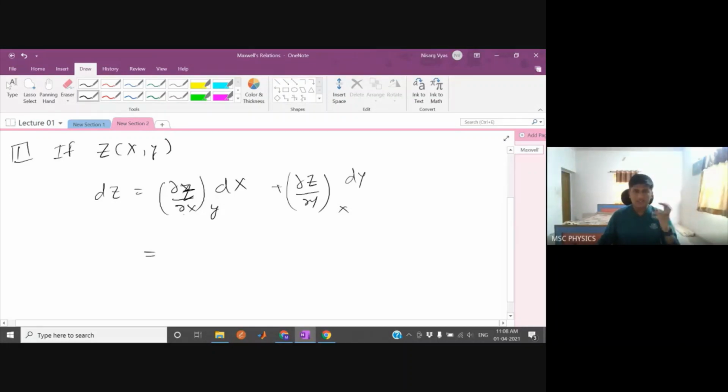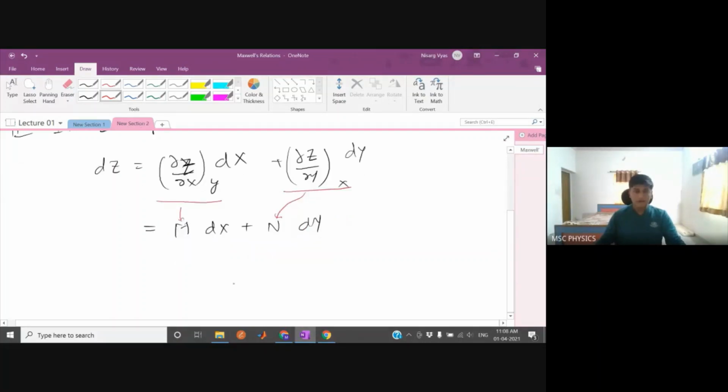But now let us dig a little bit deeper. Let us call this part M, so it is M dx plus N dy. This part is M, this part is N. Now if we want to do a further mathematical operation, you can take the derivative of M with respect to y, the other variable, at constant x.